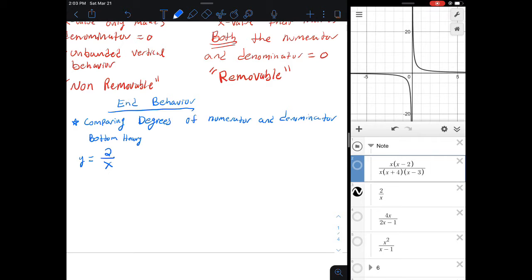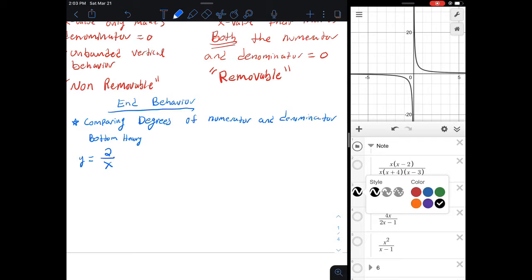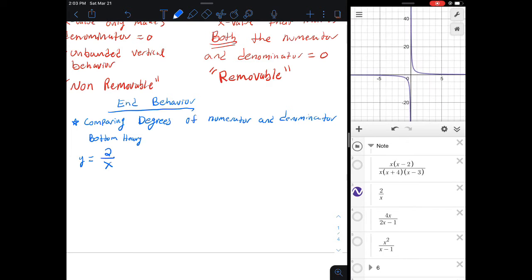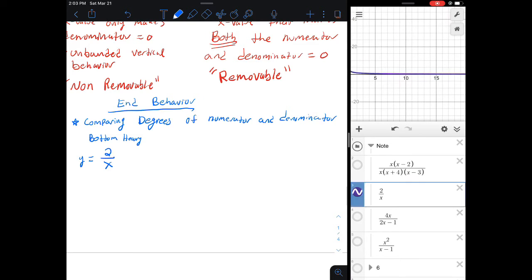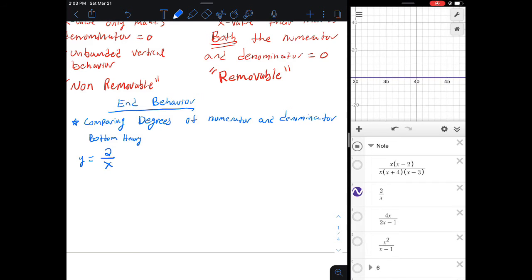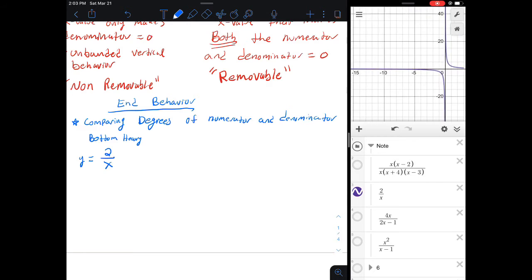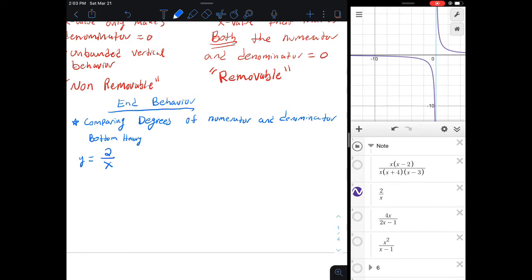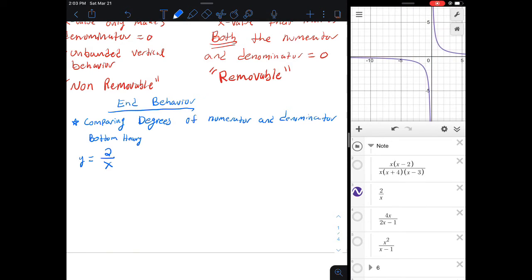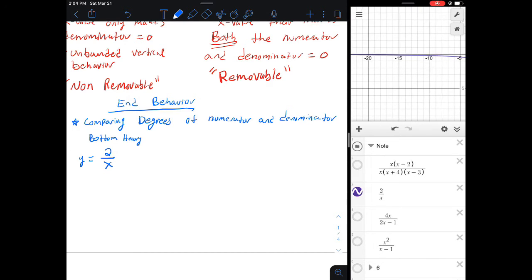What are the ends of the graph doing? If I keep going to the right forever, or if I go to the left forever, it appears that the ends of the graph, even if I zoom in to where my vertical scales are one unit apiece, are approaching the x-axis.